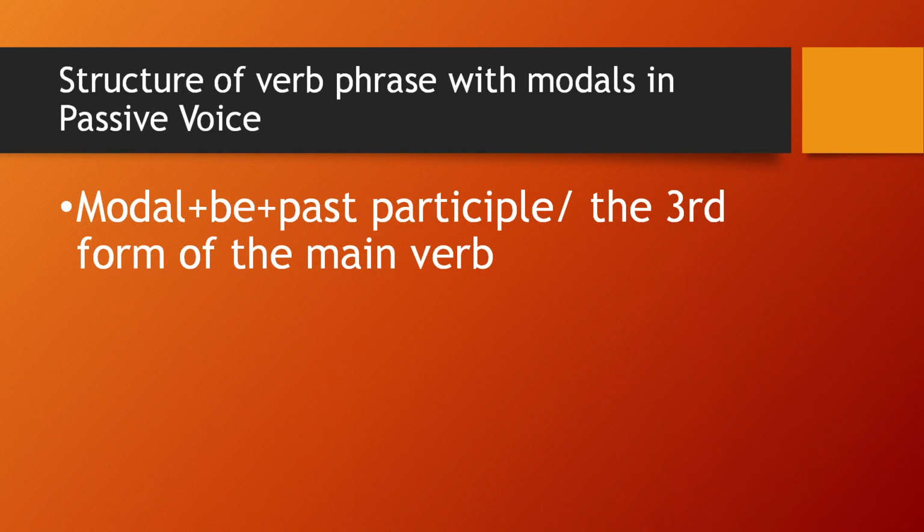And what else? The base form of the be verb is inserted between the modal and the main verb. Must be. So the poor must be helped by us. Between must and helped, which is the main verb, we have inserted be.